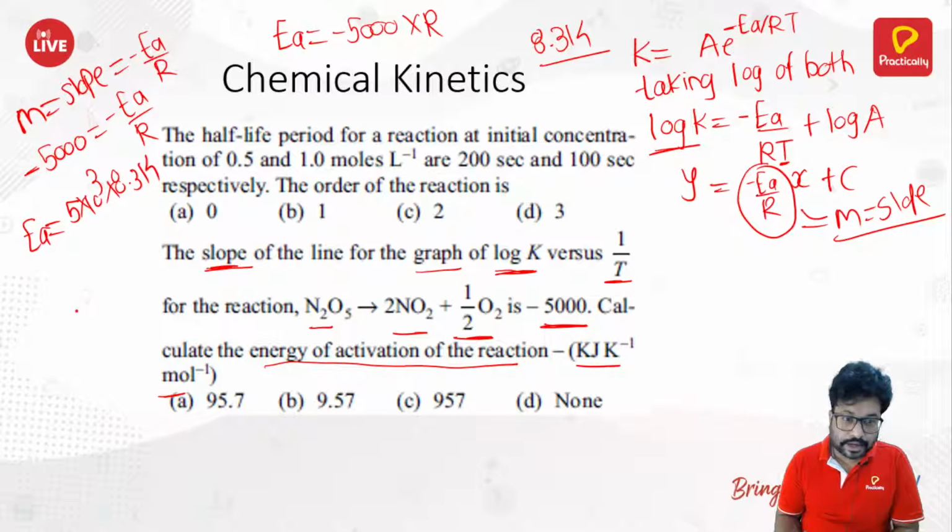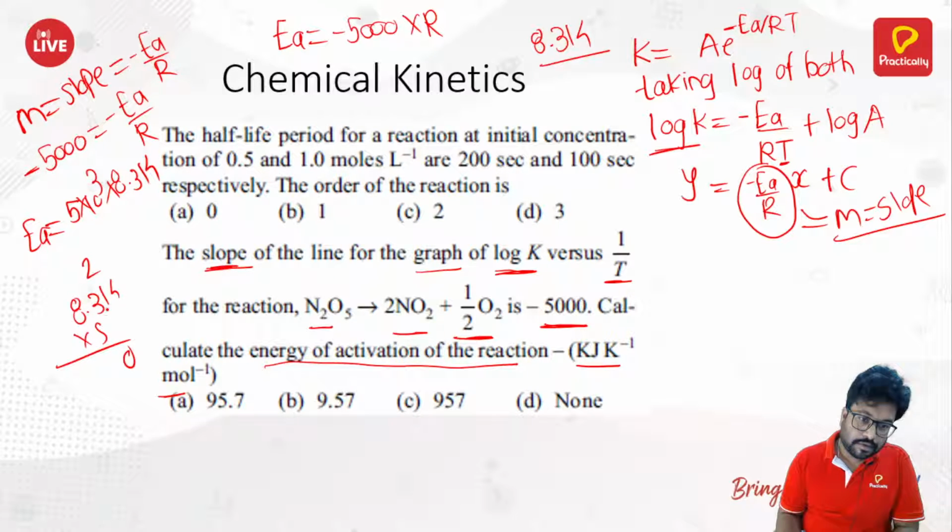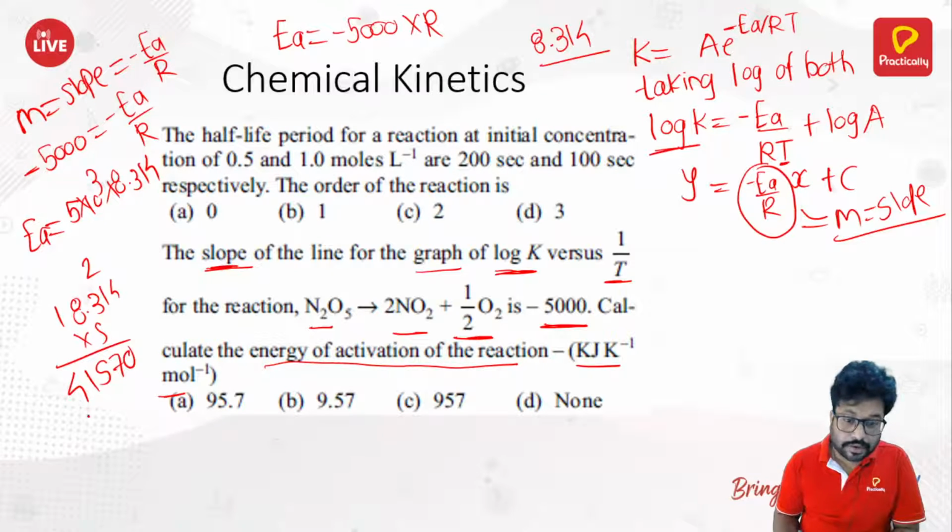Now calculating it, 8.314 into 5: 5 4s are 20, 0, 2; 5 1s are 5 plus 2, 7; 5 3s are 15 plus 5; 5 8s are 40, 40 plus 1, 41.